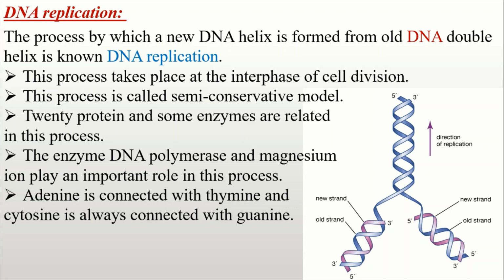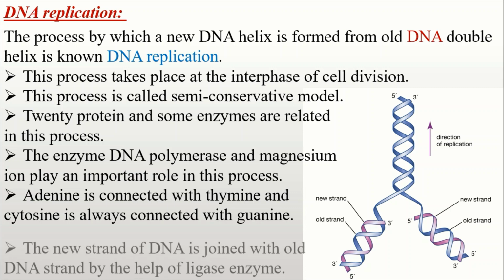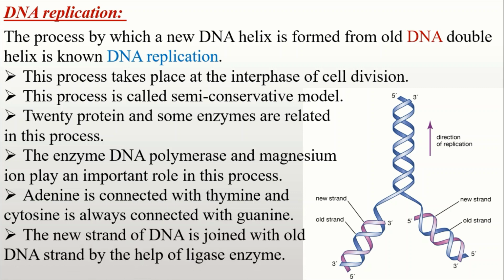Adenine connects with thymine and cytosine is always connected with guanine. The short fragments of DNA are joined together by hydrogen bond and the enzyme DNA ligase. This complementary two-strand DNA is formed in antiparallel orientation.